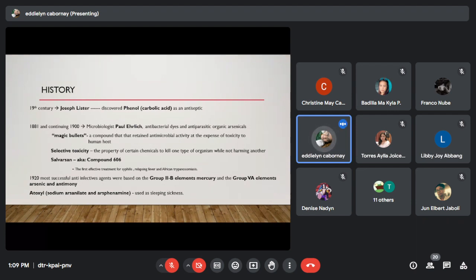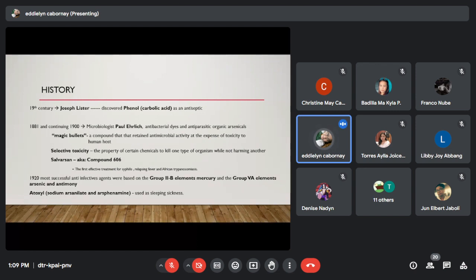Selective toxicity is the property of certain chemicals to kill one type of organism while not harming other organisms. Salvarsan, the other term for Salvarsan, is compound 606 or arsphenamine.